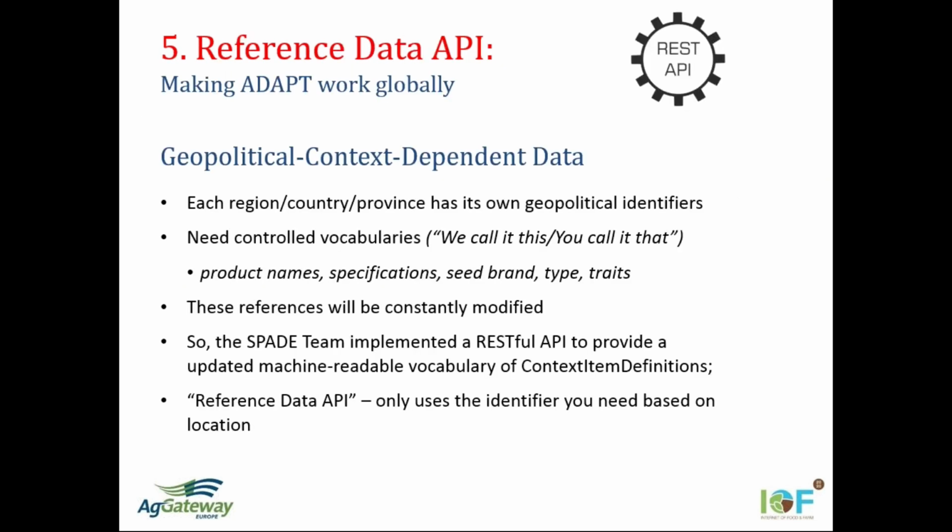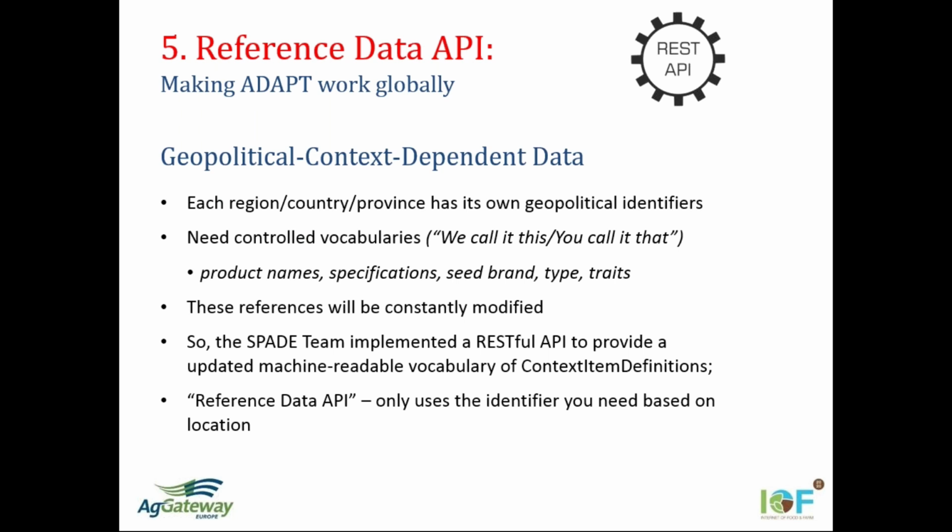Now I want to explain a little bit further on the reference data API. For each region, country, province, they all have their own geopolitical identifiers that are relevant to them. For instance, if I'm in Europe collecting data, I want to make sure my system is not looking for a USDA number, which is a United States reference.